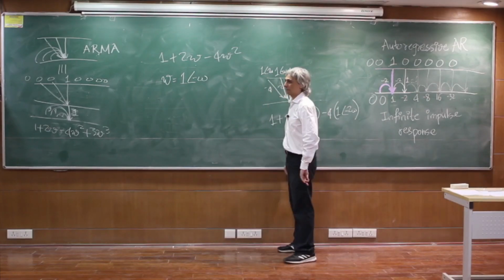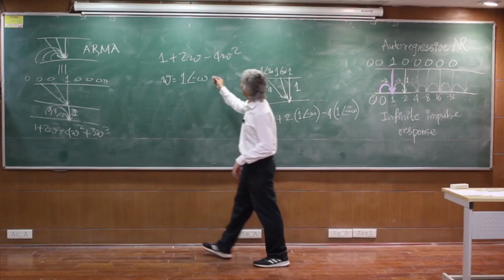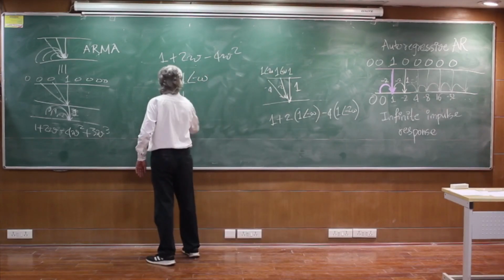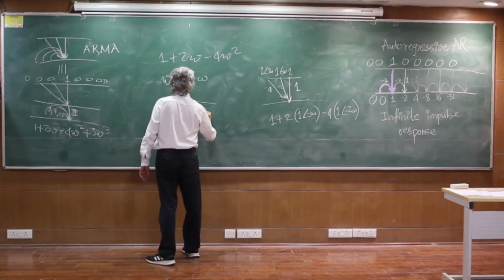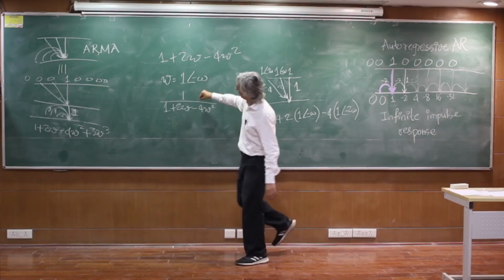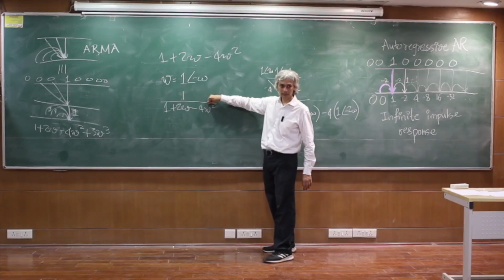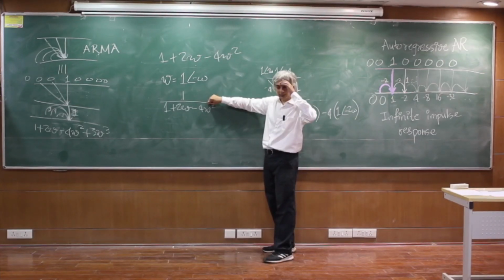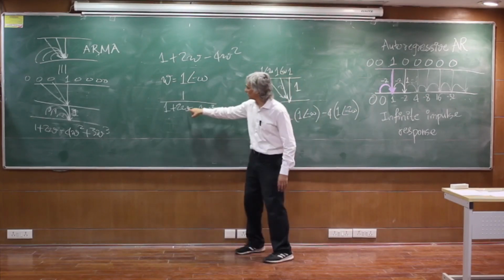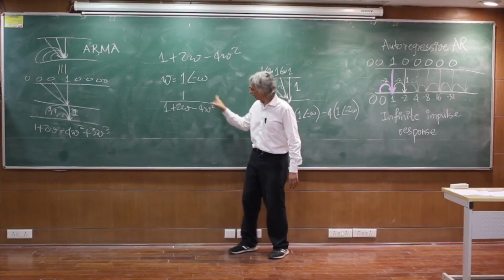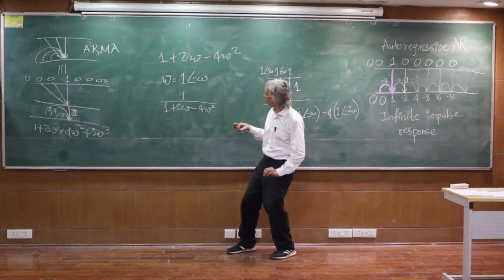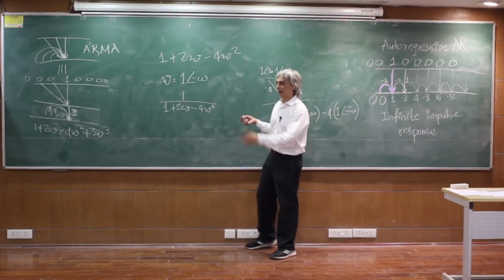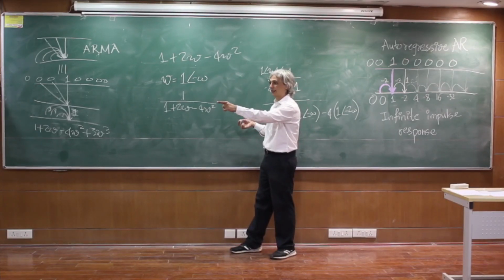Okay? Think about it. Now, if I take the reciprocal of this, 1 plus 2W minus 4W square, what will be the DTFT of this? What you think by pattern matching is actually going to work out. What you think by pattern matching is, hey, let me just substitute W here. That will give me a complex number and that is the DTFT. And that actually works out. Why? Because they have to cancel each other, so their Fourier transforms also have to cancel each other.